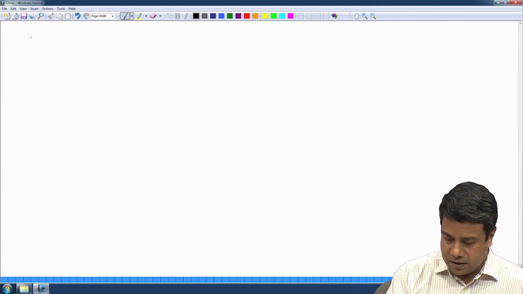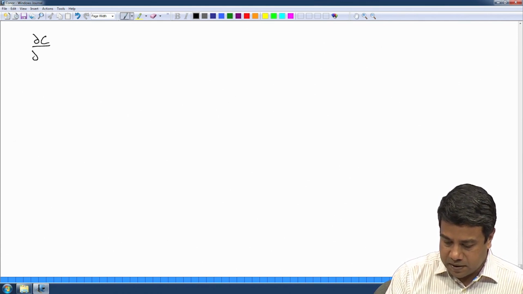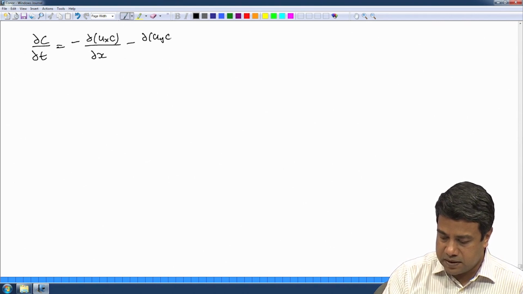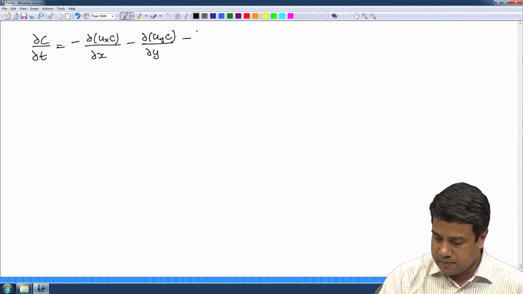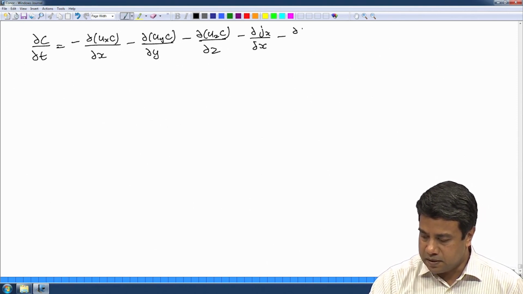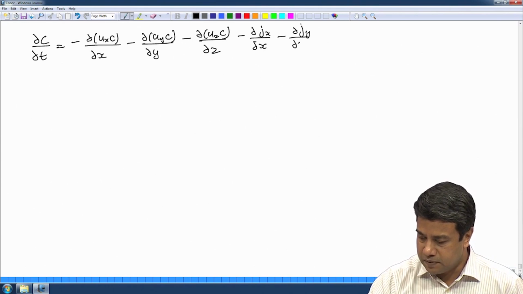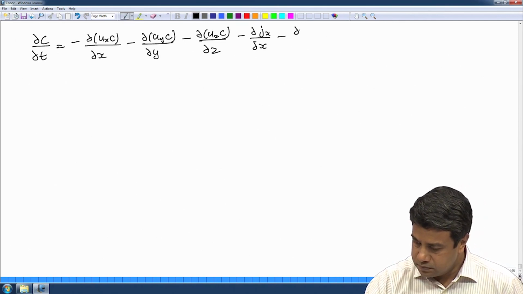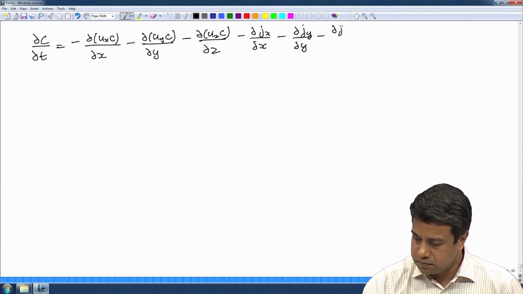So, this equation can be written as partial c by partial t, just expanding it, is minus partial of u x c by partial x minus partial of u y c by partial y minus partial of u z c by partial z minus partial j x by partial x minus partial j y by partial y, by partial z plus source.